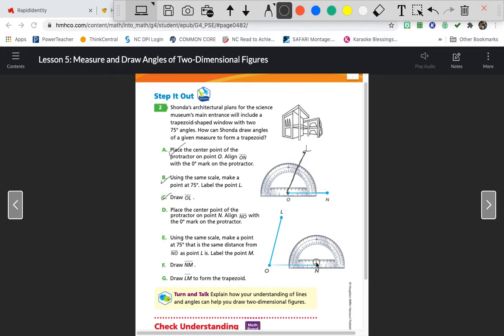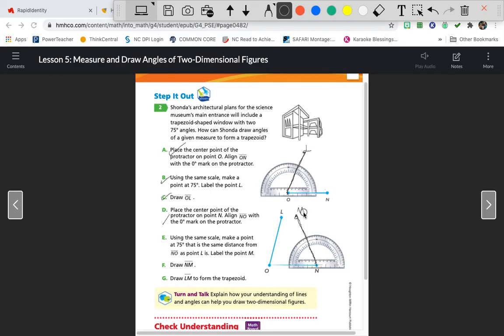NO is aligned with 0. Then you're going to use the same scale and make a point at 75 degrees. So about the same as we did for L. And you're going to label that point M.